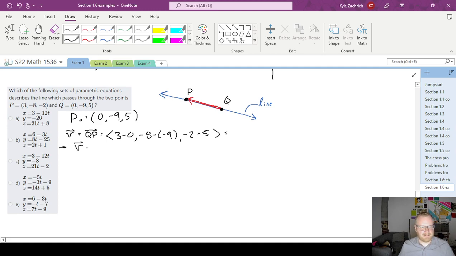So our direction vector is going to be equal to 3, negative 8 plus 9 is 1, and negative 2 minus 5 is negative 7. So 3, 1, negative 7.